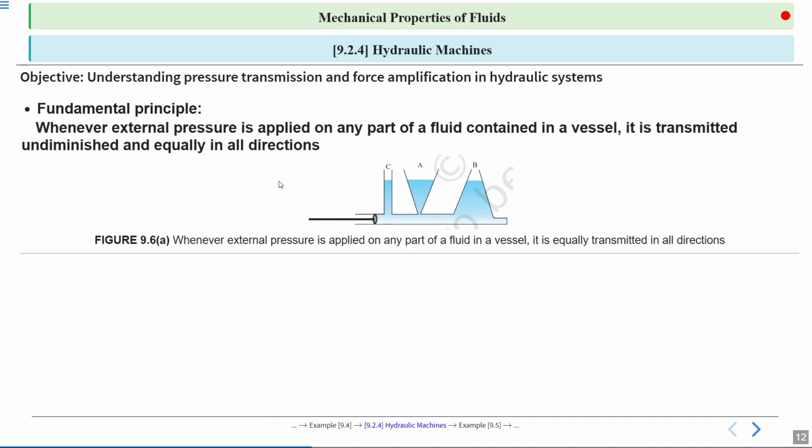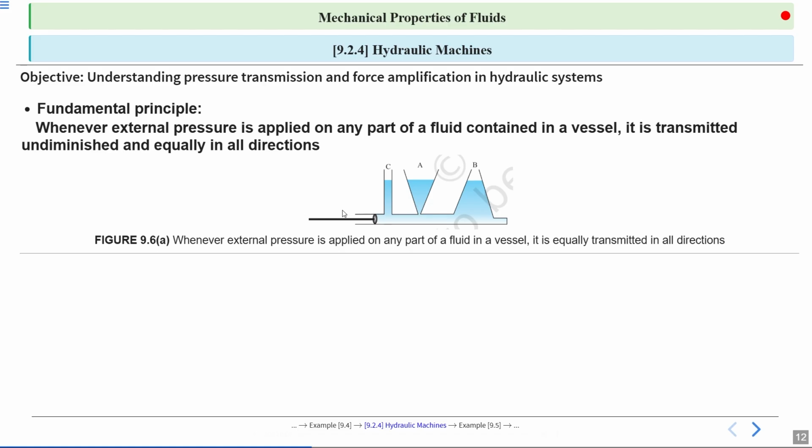So here we have an illustration to help visualize this principle. Alright. So whenever external pressure is applied on any part of a fluid contained in a vessel, it is transmitted undiminished and equally in all directions. I think this is clear. So notice how the external pressure applied to the fluid is essentially transmitted in all directions within the vessel.